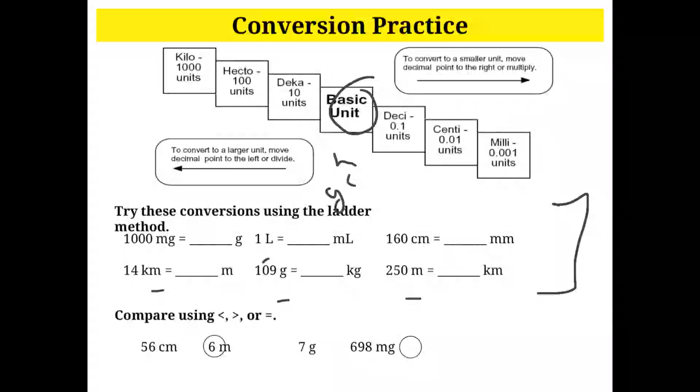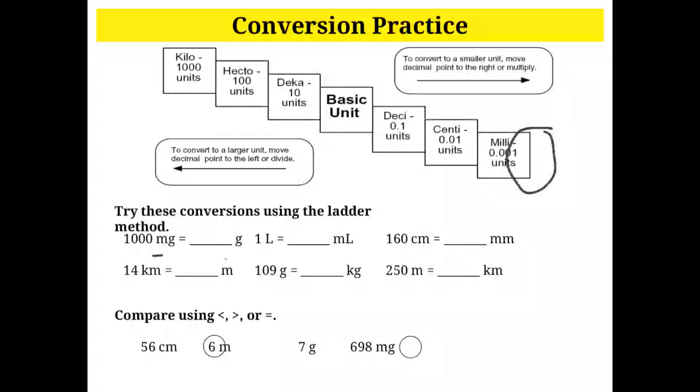Okay, so with the first question, we're going from milligrams, which is out here, and we want to convert it to grams. Grams is one of these over here, so it's the base unit. When we go this way, we move 1, 2, 3. So it moves 3 spaces to the left, meaning the decimal place is right there.